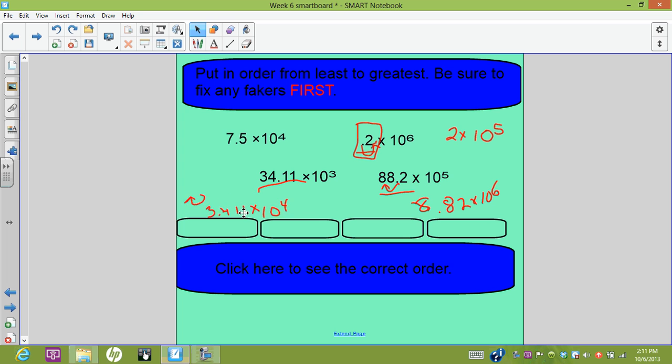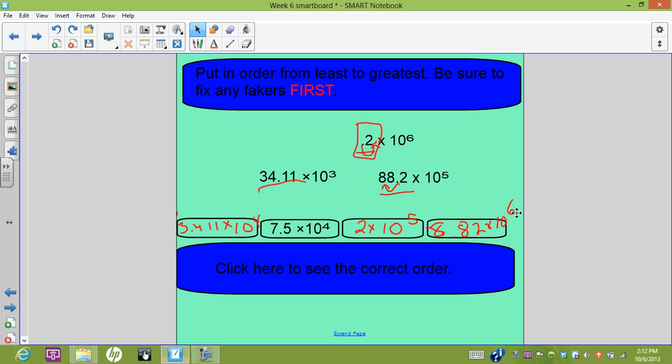My 3.411 is my smallest, and then I have my 7.5 times 10 to the fourth. If I then look at my powers of 10, my next clear one is going to be 2 times 10 to the fifth power, followed by 8.82 times 10 to the sixth.